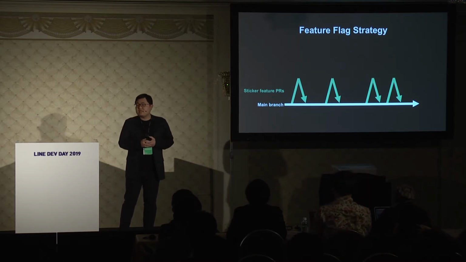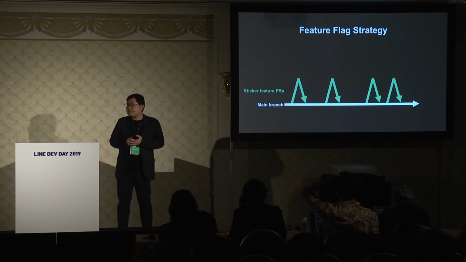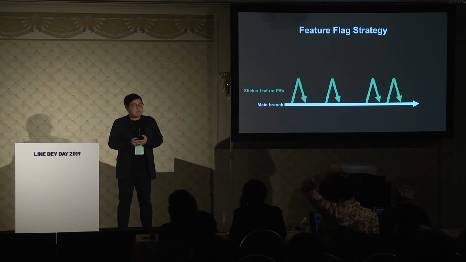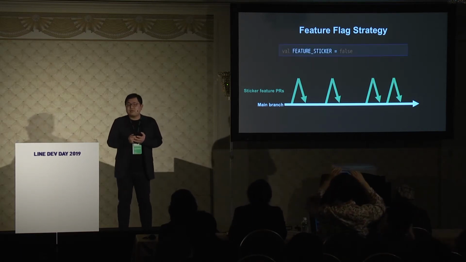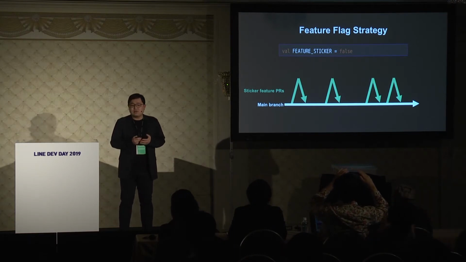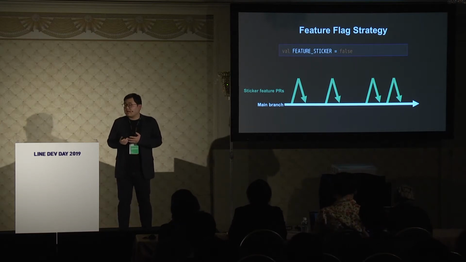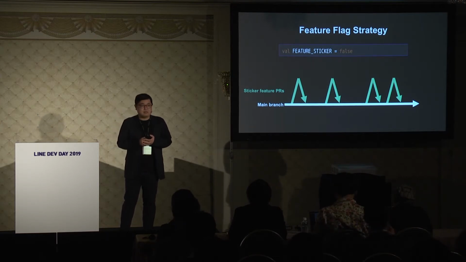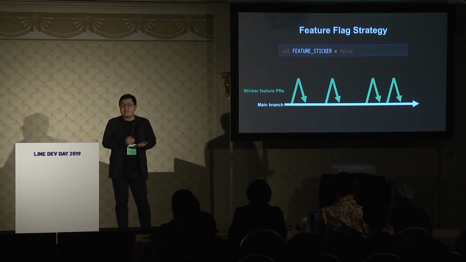with this, the incomplete feature, or the feature which is going to be released in a later version, could be executed on a binary which is already distributed to the store. So we prepare a Boolean type flag, and with that flag value, we can specify whether this feature should be on or off.